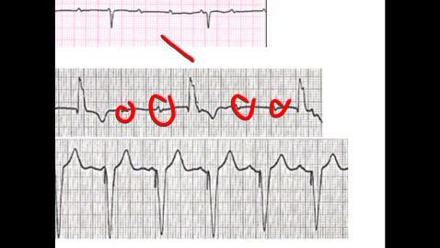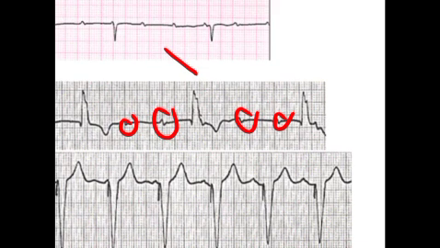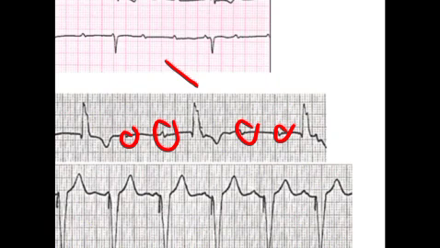The RR interval, as we see here, could be regular, but the PP interval is not regular, and there is no relation between the QRS complex and the P wave. That is, there is a complete dissociation between both of them.